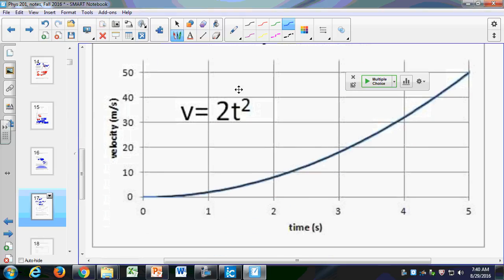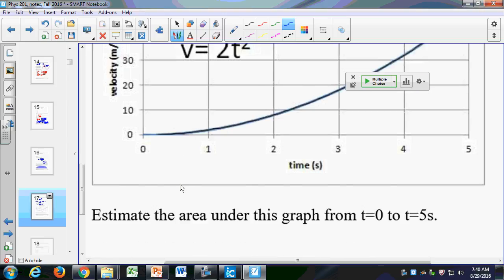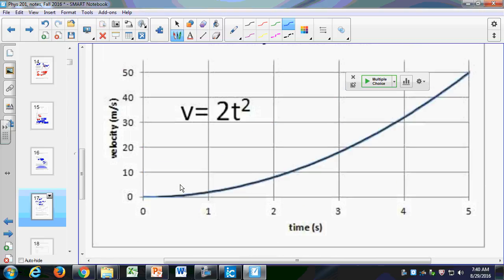Right? So this is what this function looks like. It's a parabola, 2t squared. I can estimate the area under this graph from t equals 0 to t equals 5. So I want to estimate the area from here all the way over to here.